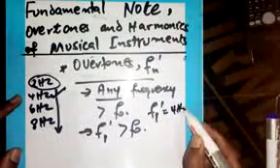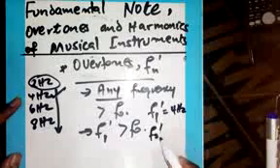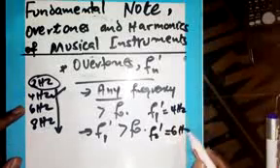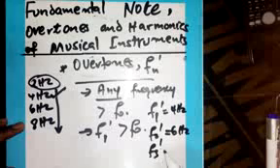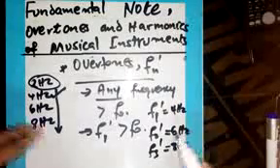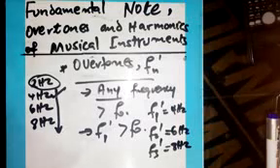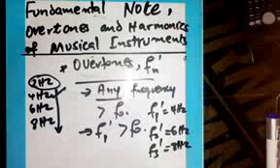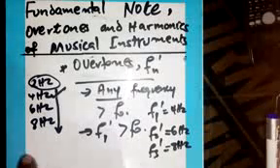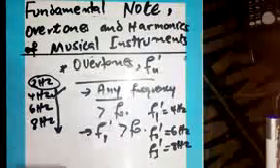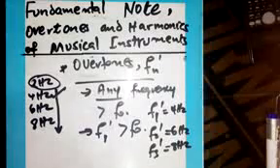Second overtone is 6 Hz. The third overtone is 8 Hz, and so on. Therefore, an overtone is any frequency greater than the fundamental frequency. The first overtone is the frequency which is greater than the fundamental but lower than the rest of the frequencies.